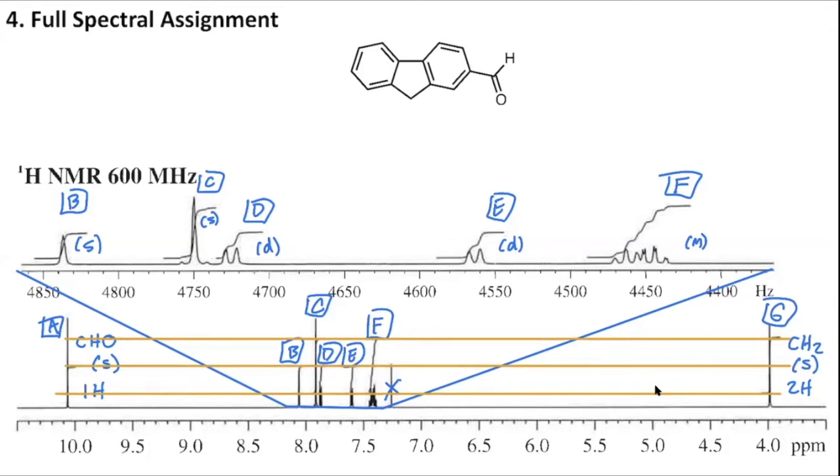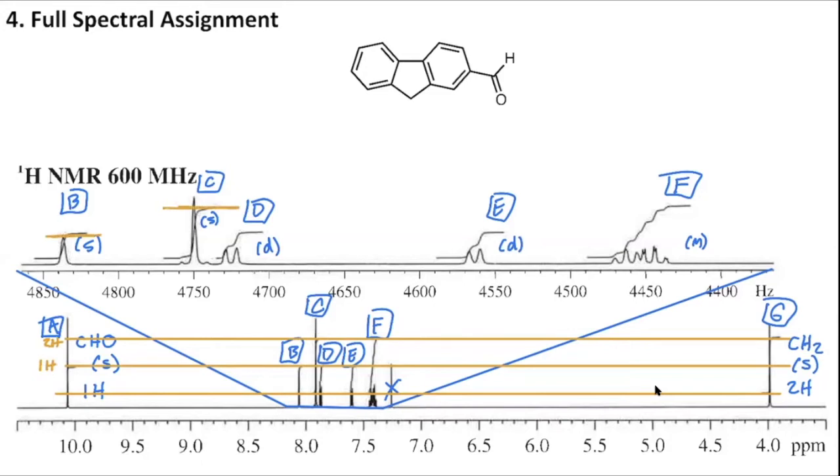So if we think about B, D, and E, they all seem like they are matching up with the top of the 1H meter, and C and F seem to match up with the top of the 2H meter line. You may be able to get a feel for that by eye in the top spectrum here, thinking about the top of peak B's integral and the top of peak C's integral.